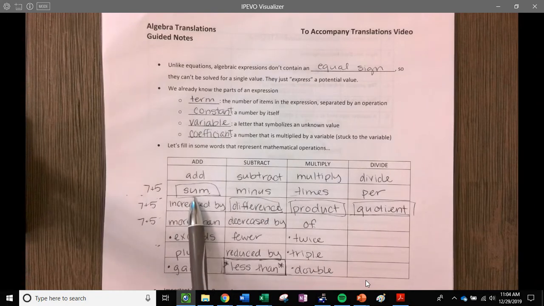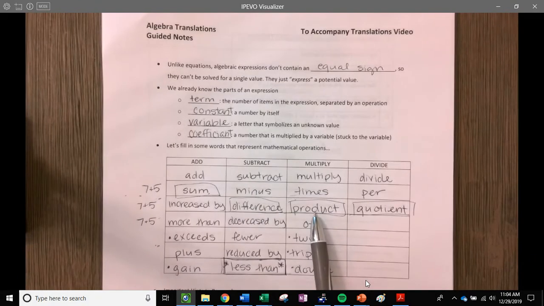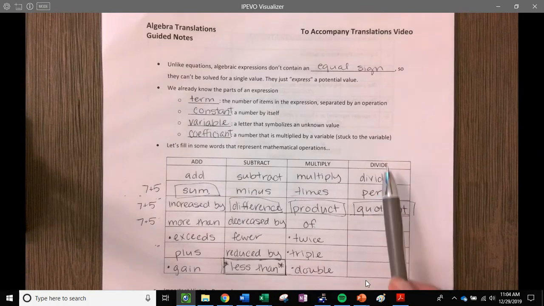When you add numbers together, you get the sum. When you subtract a number from another number, you get the difference. When you multiply 2 numbers together, you get the product. And when you divide a number by another number, you get a quotient. So those 4 words are specific to the answer for those operations. So those are good to always have in your mind.